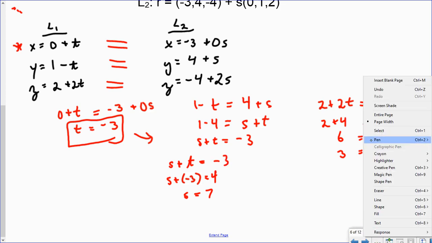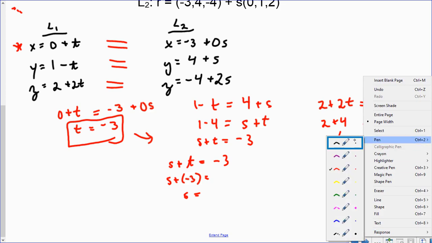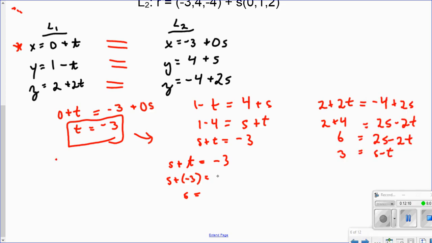That would have been negative 3, so s equals 0. And t equals negative 3. I'm going to check those in my third equation, as I said here.